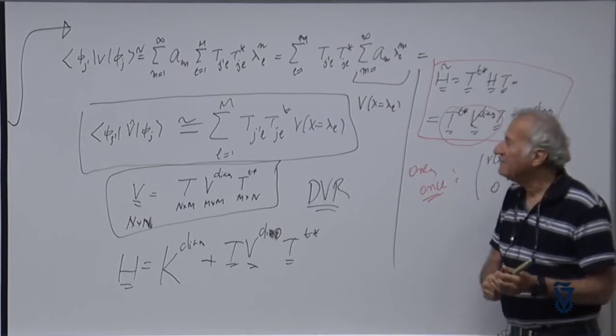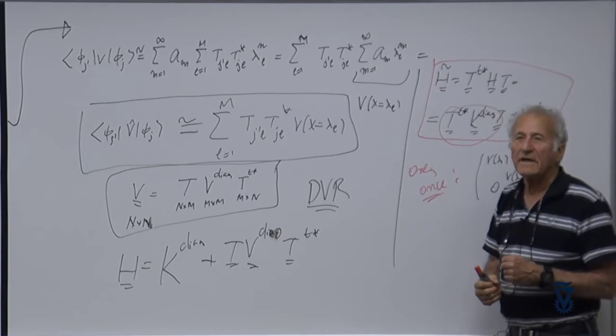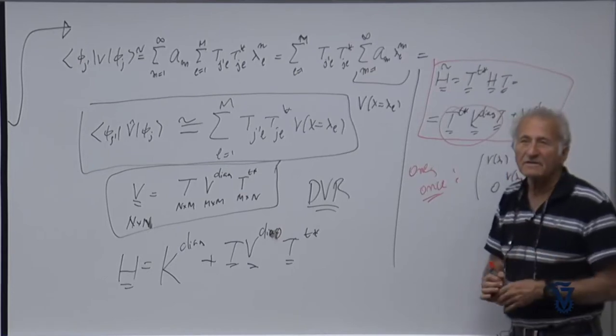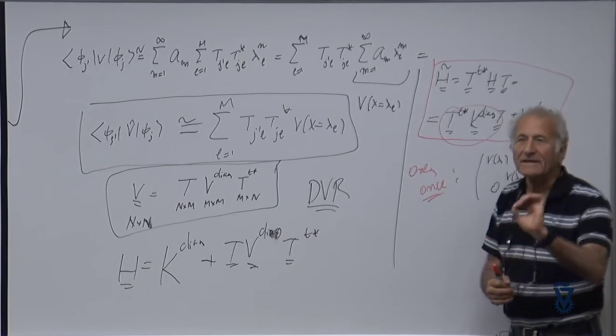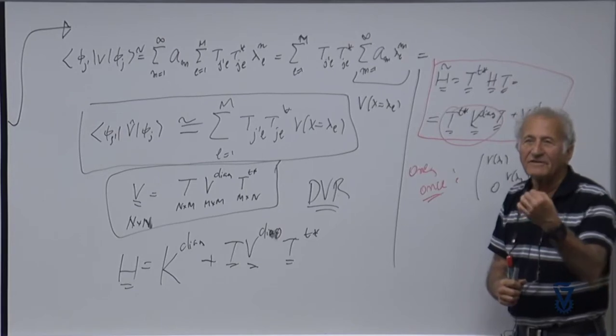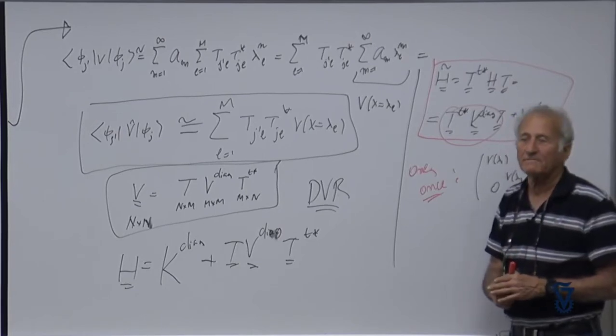So this method is very powerful and can be used to calculate resonances. And maybe in the end, I will describe to you what different systems you can study this way.